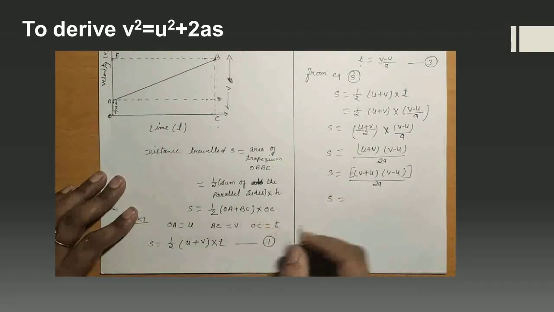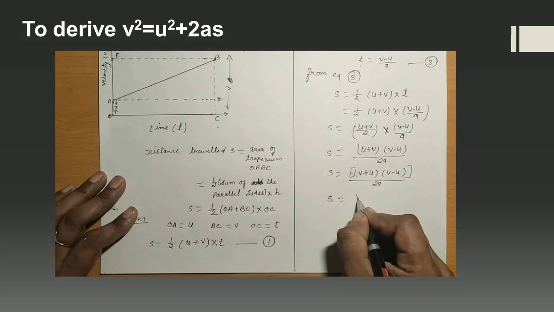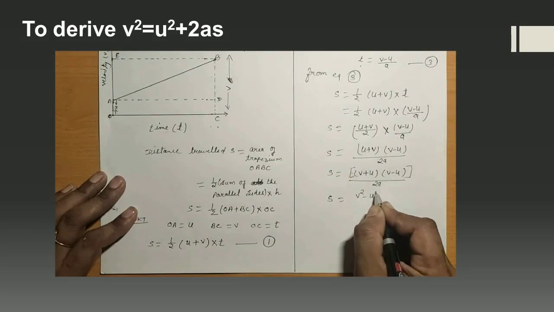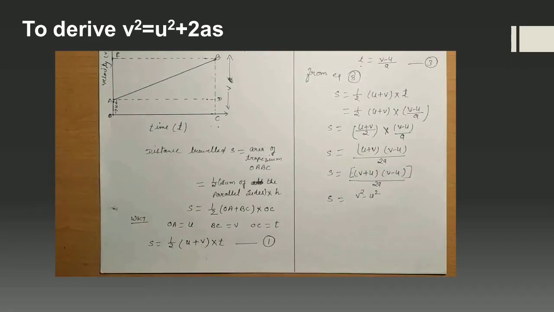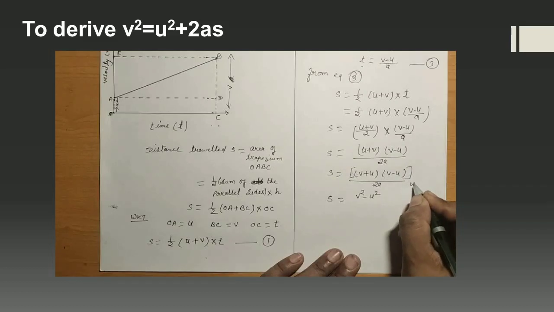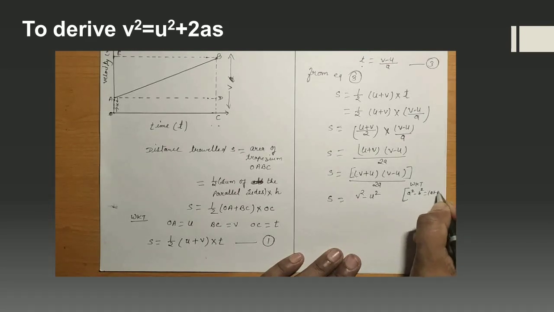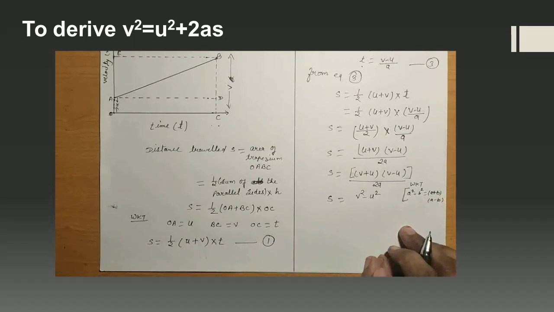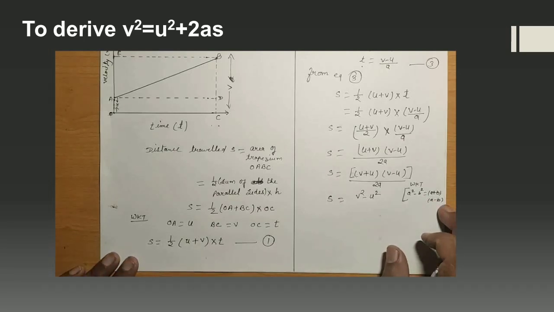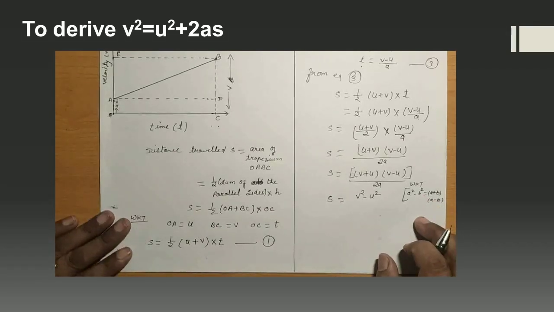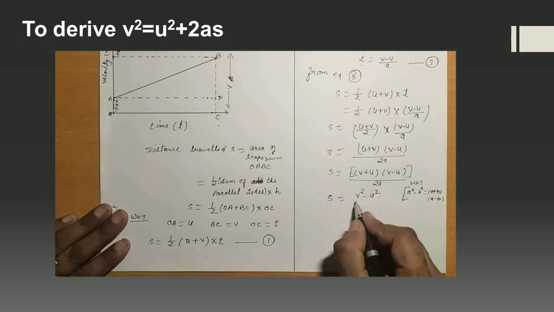Here the formula for this is V square minus U square. This is the formula of A square minus B square, which is A plus B into A minus B. In the same way, we can assume that V square minus U square is equal to V plus U into V minus U.